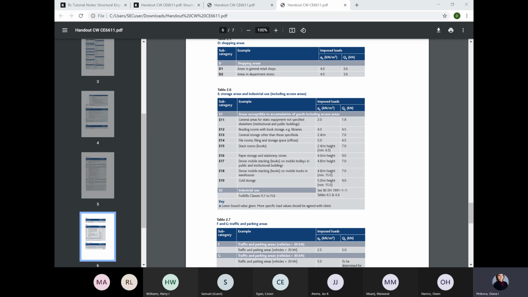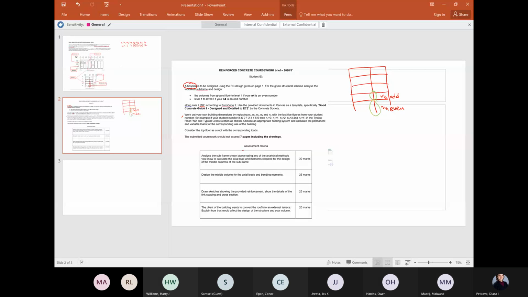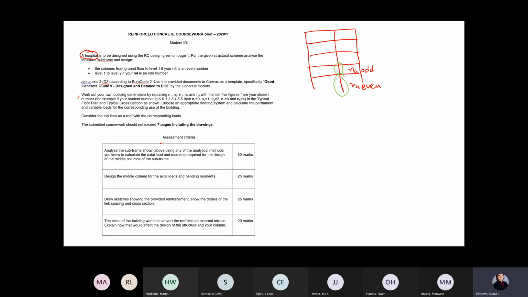Now, if you remember the lecture on T-beams, we talked about our beams, and more importantly, the slabs on top.